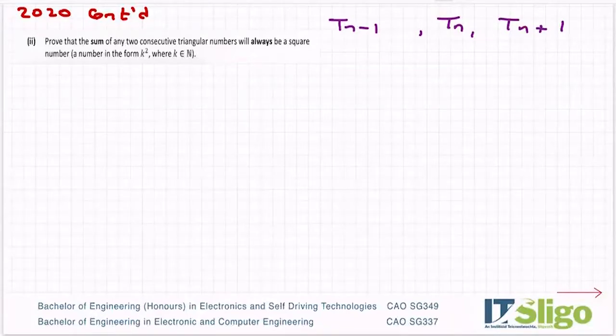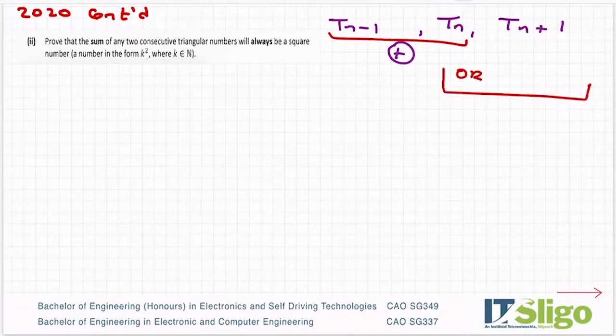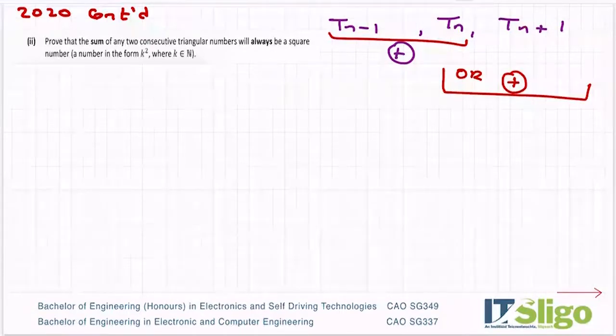I would argue that if you add Tn minus 1 to Tn, that would meet this condition, the sum of any two consecutive numbers. Or of course you could add Tn and Tn plus 1 together. Either would work, and in that way you are proving the case for any consecutive triangular numbers.